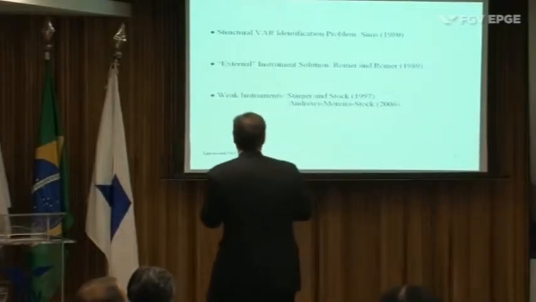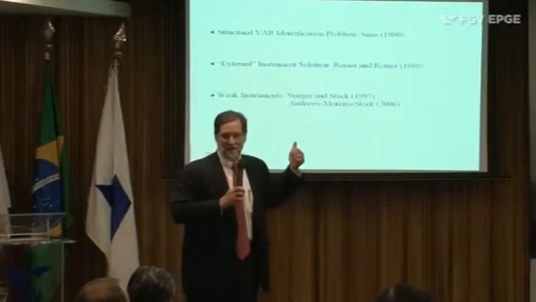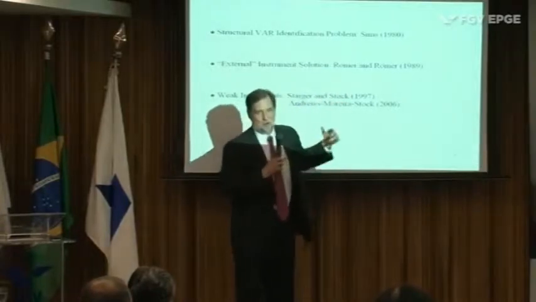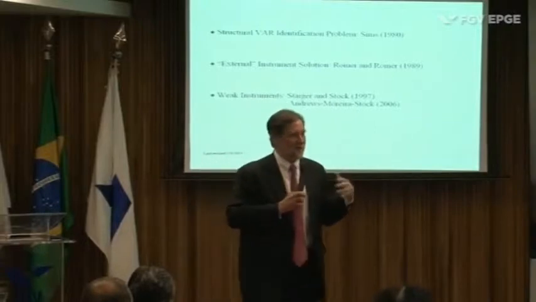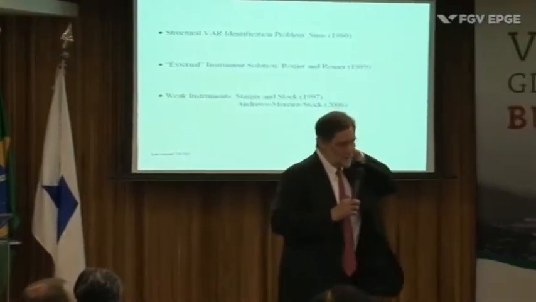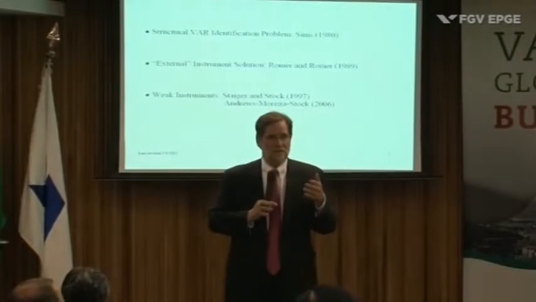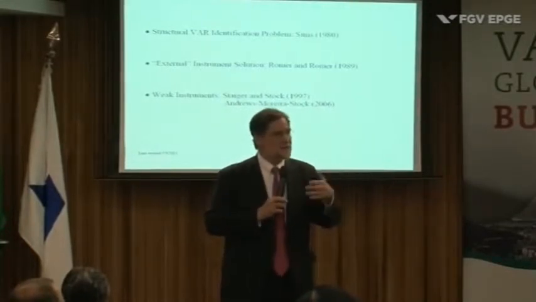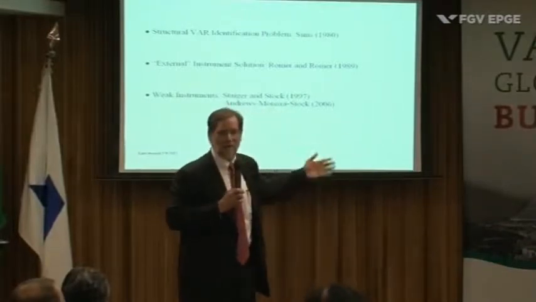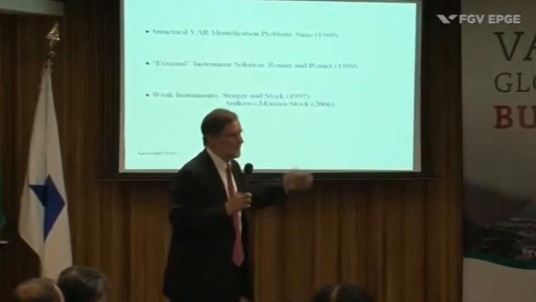And so that's kind of Sims, and then there's one way to think about solving this problem, which I associate with Romer and Romer in thinking about monetary policy. Instead of looking at VARs directly, they read some minutes, did some historical work, and found what they characterized as exogenous movements in monetary policy, determined by things outside the vector autoregression, or related to things outside it, and in their case, reading minutes of the Federal Reserve.